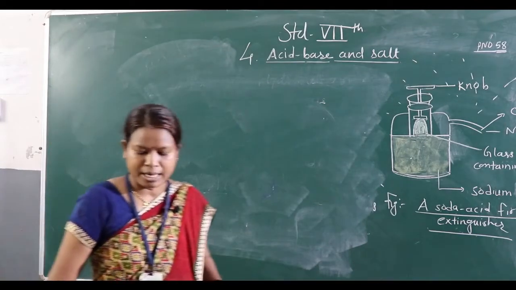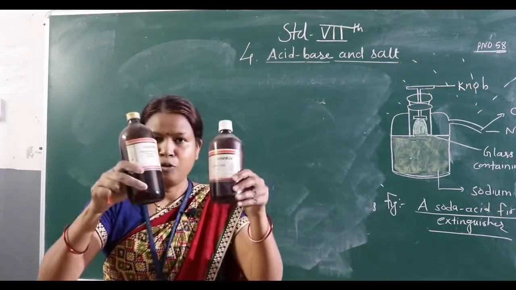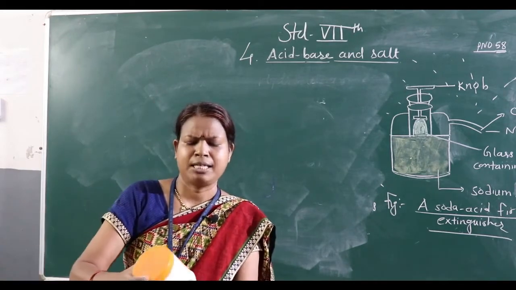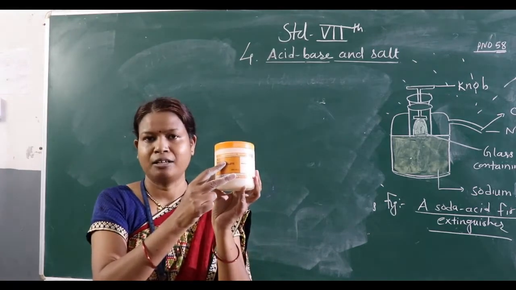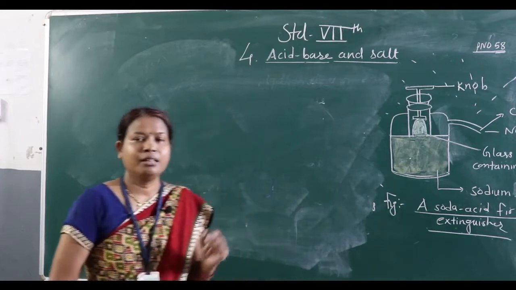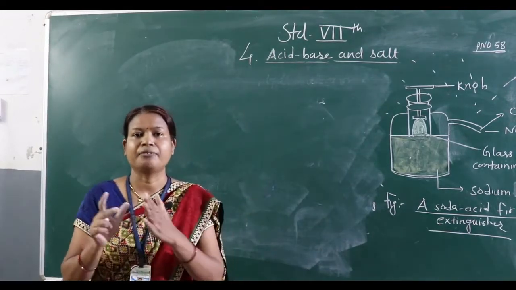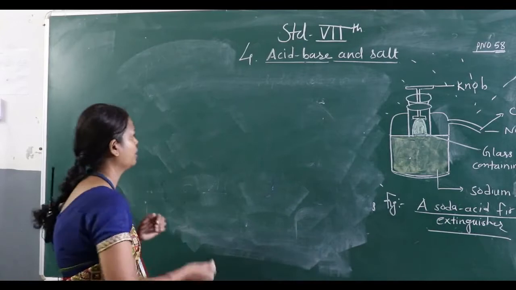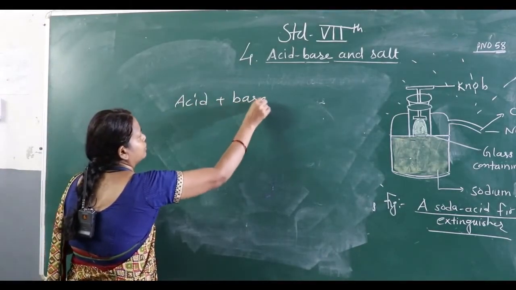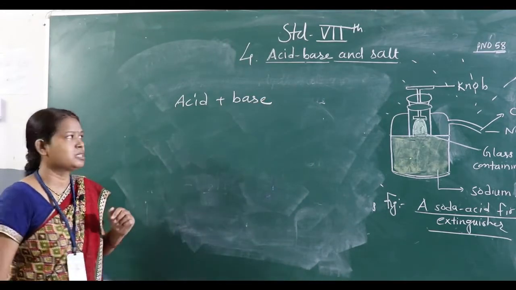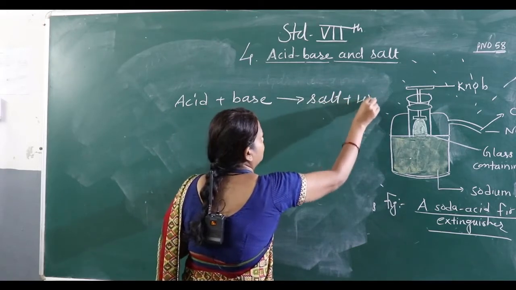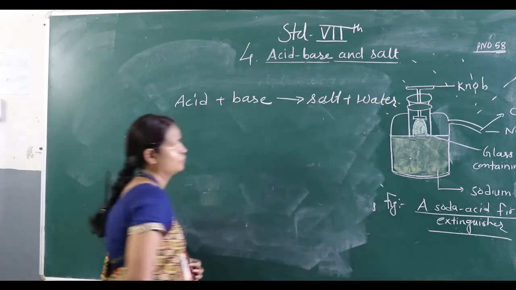Now you all know that these are the laboratory chemicals which are the acid. This is potassium hydroxide pellet, which is basic in nature, so this is a base. So students, when an acid comes in contact with a base, what will happen?